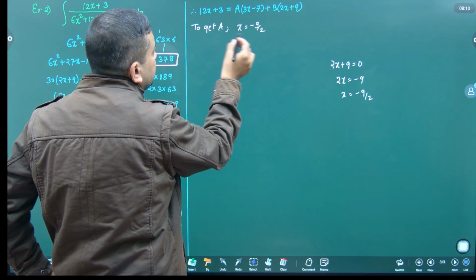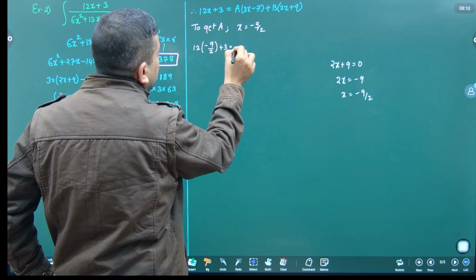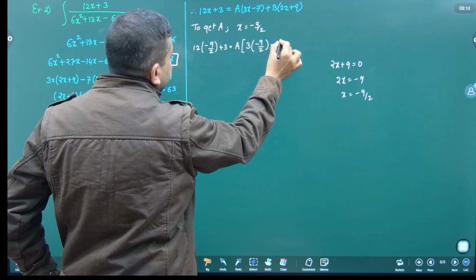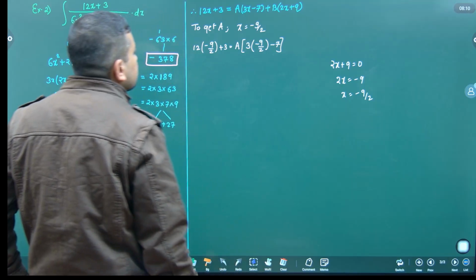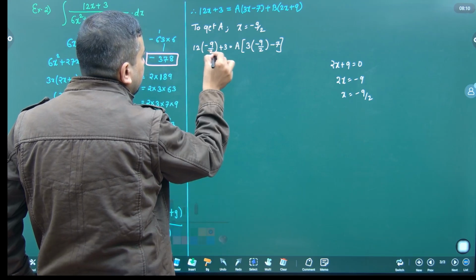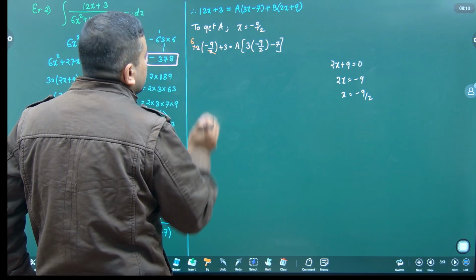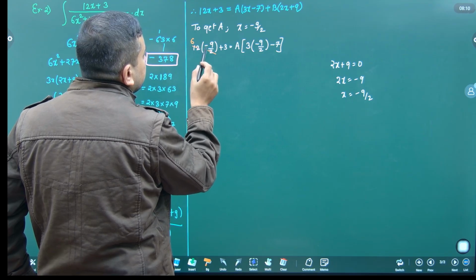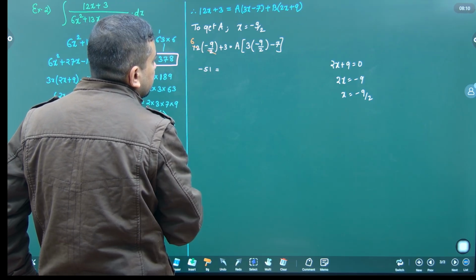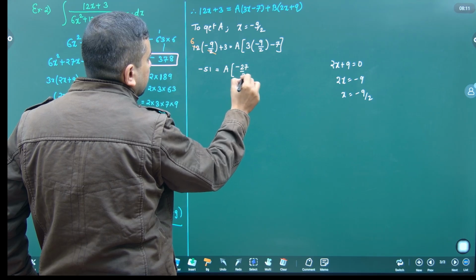Okay. So let us put x equal to minus 9 by 2. 12(minus 9 by 2) plus 3 is equal to A(3(minus 9 by 2) minus 7). The B term will be 0. Now let us solve this. So this is minus 54 plus 3, minus 51, is equal to A(minus 27 by 2).